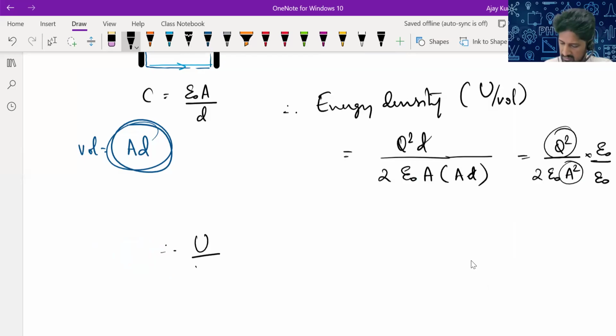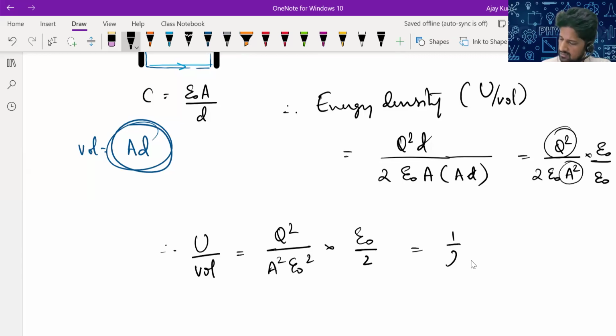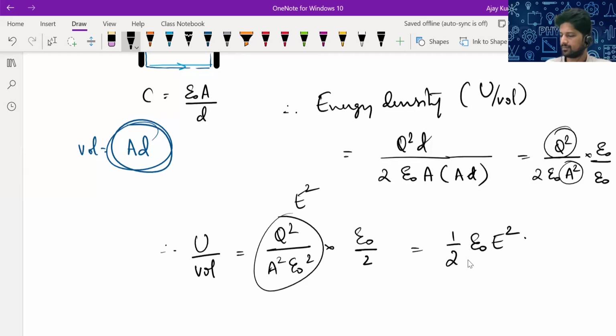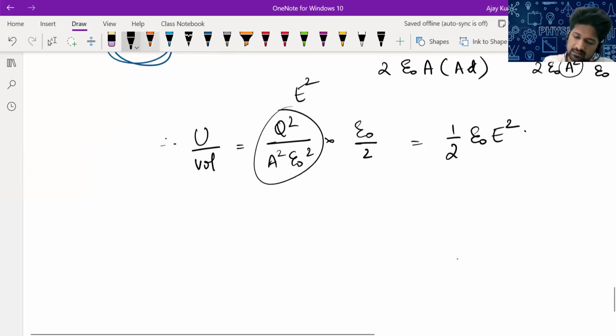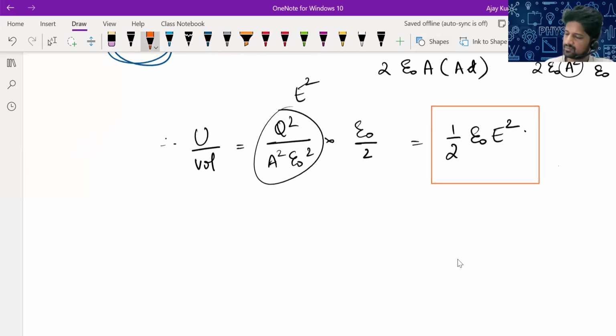Therefore, the energy density in that electric field becomes Q square by A square epsilon naught square into epsilon naught by 2, which is basically half epsilon naught. This term is square of the electric field, E square. This generally is the energy density in an electric field E. Wherever the field is E, the energy per unit volume will be this much.